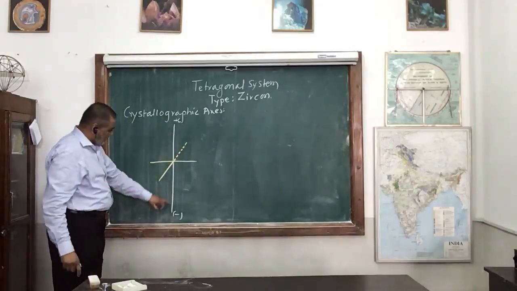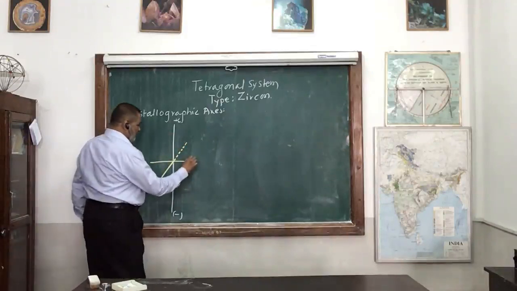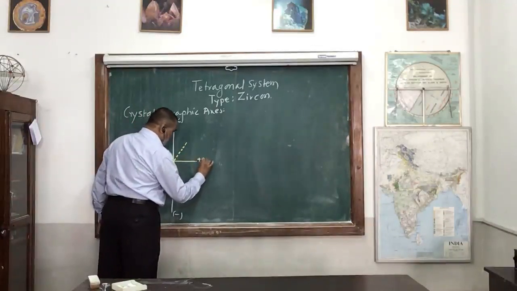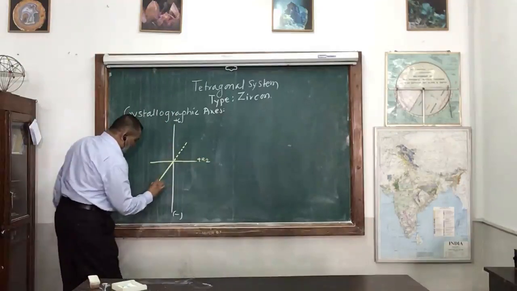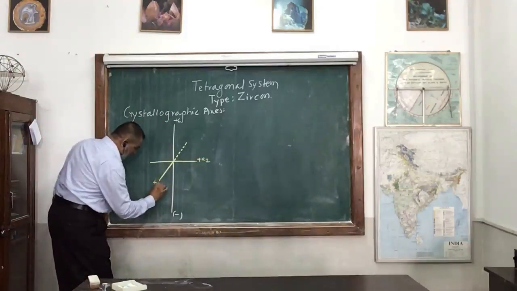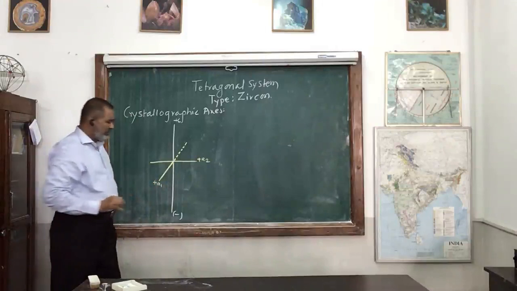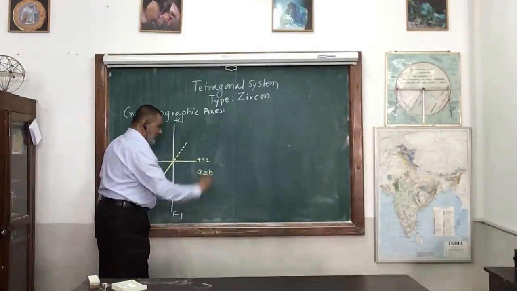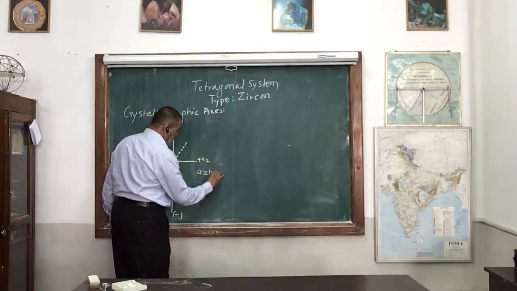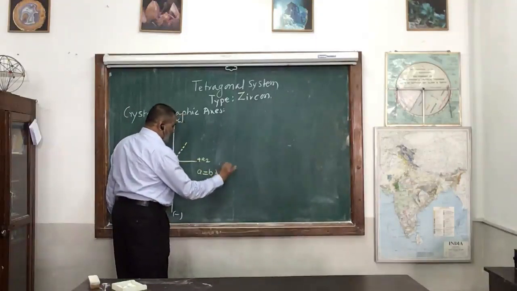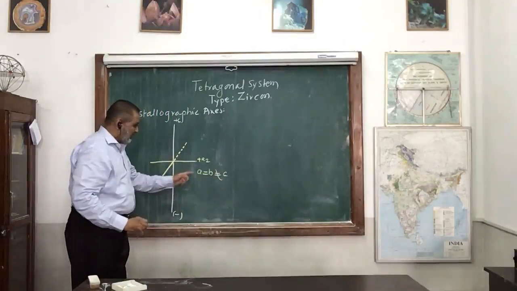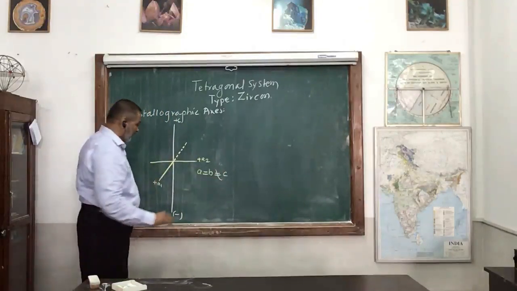The C axis is the longest axis, whereas the B axis we will now denote as the A2 axis, and the A axis will be denoted as the A1 axis, because the A and B axes are equal in length, whereas C is the longest one. So A and B are equal and C is unequal in length.